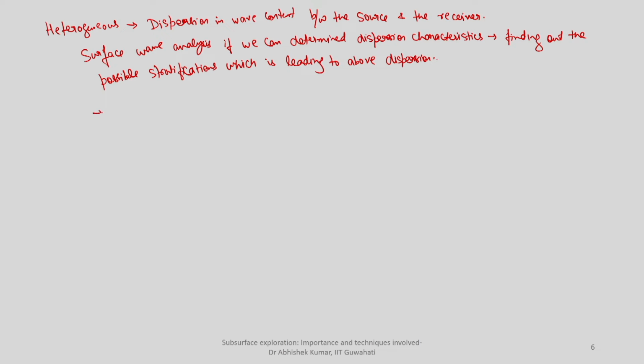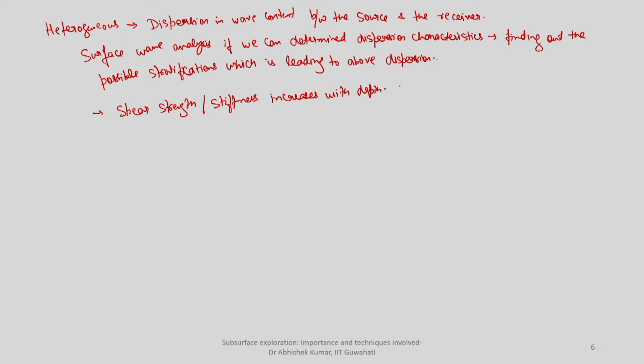So, if we consider that the strength properties, shear strength properties, or in general stiffness, increase with depth, what will happen?